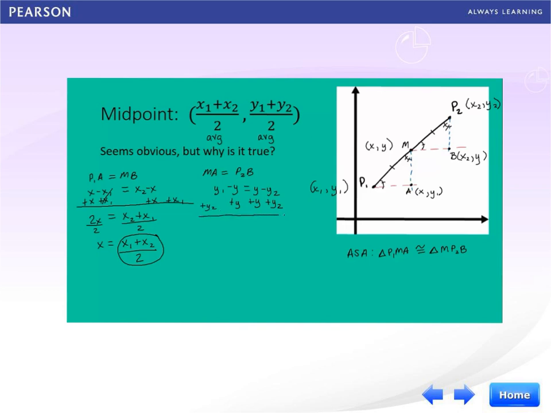And let's see what we've got now. y2 plus y1 is equal to 2y. This looks familiar, right? We can finish it off just like we did with the x's and neaten it up a little bit. So y is equal to y1 plus y2 all divided by 2. And there is our y coordinate of the midpoint. And that's our proof of the midpoint formula. Now go use it.